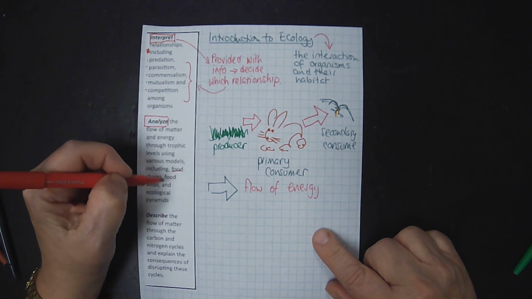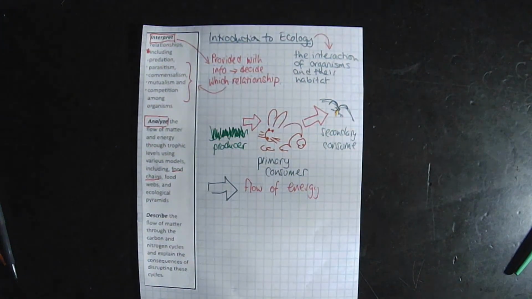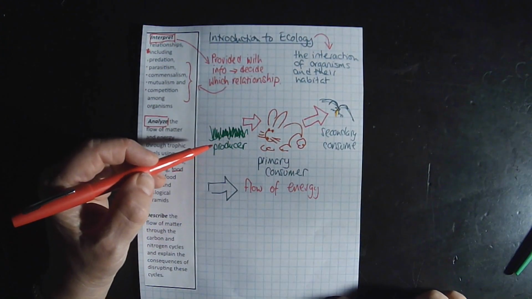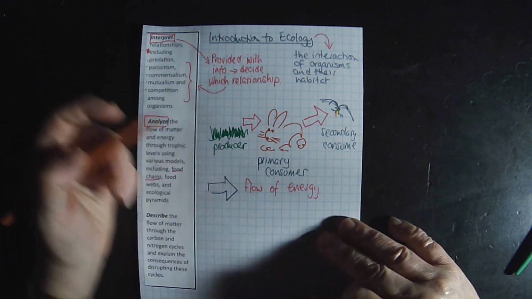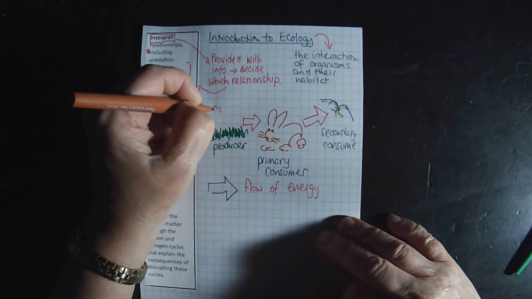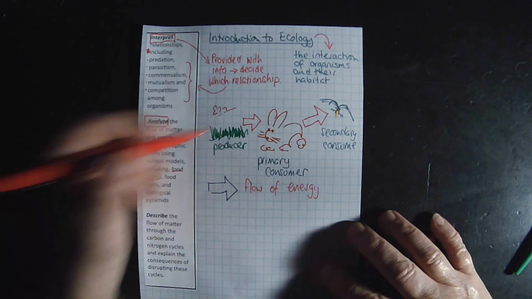A food web would be, okay, is there anything else that eats grass? Yes, maybe it's a mouse. Okay, so some of the energy from the grass goes to the mouse.